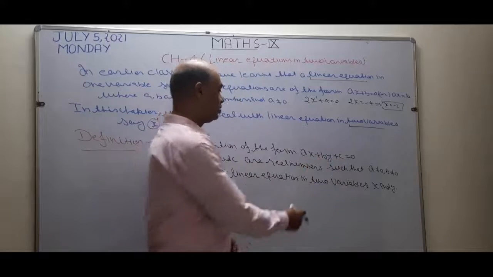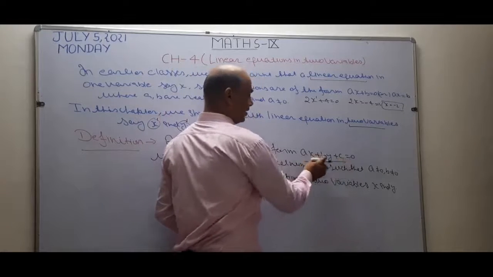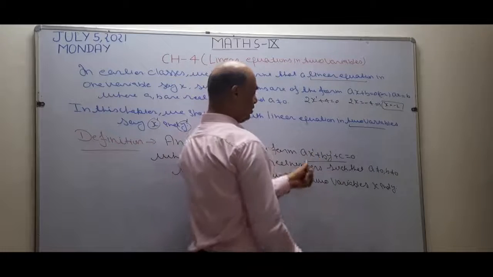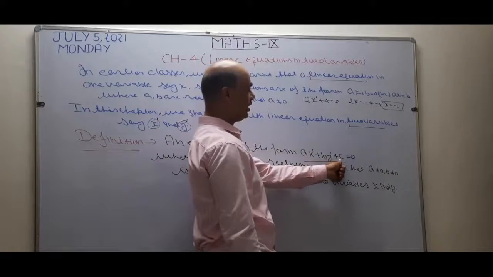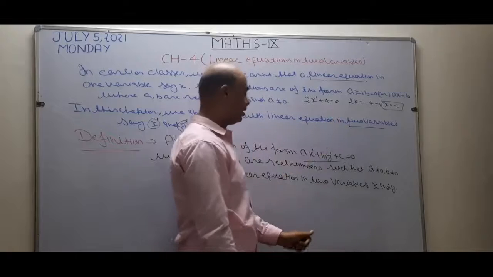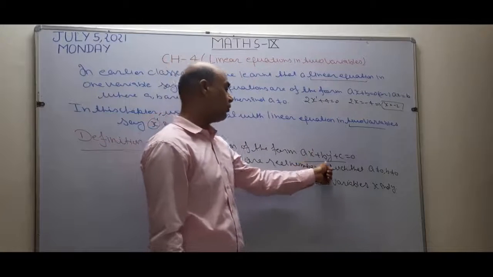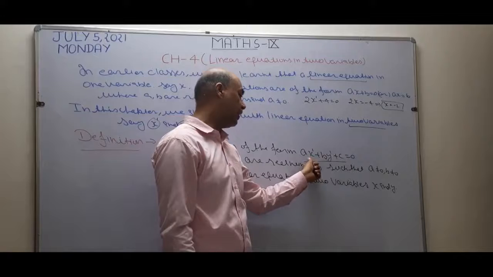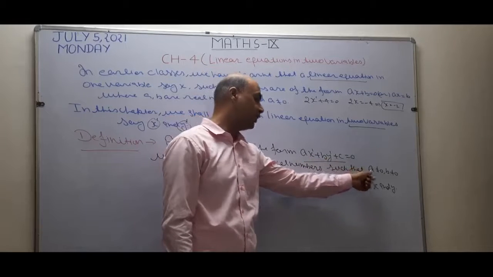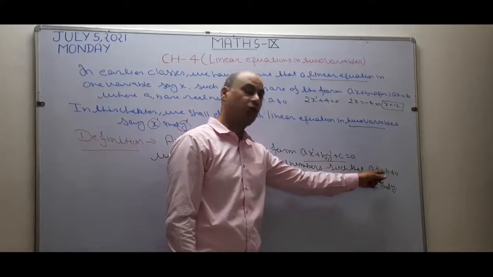In this, the two variables are x and y. Since their highest power is 1, they represent a linear equation in two variables. This is the standard form of the linear equation in two variables, where a and b cannot be equal to 0. What is the meaning of a and b cannot be equal to 0?